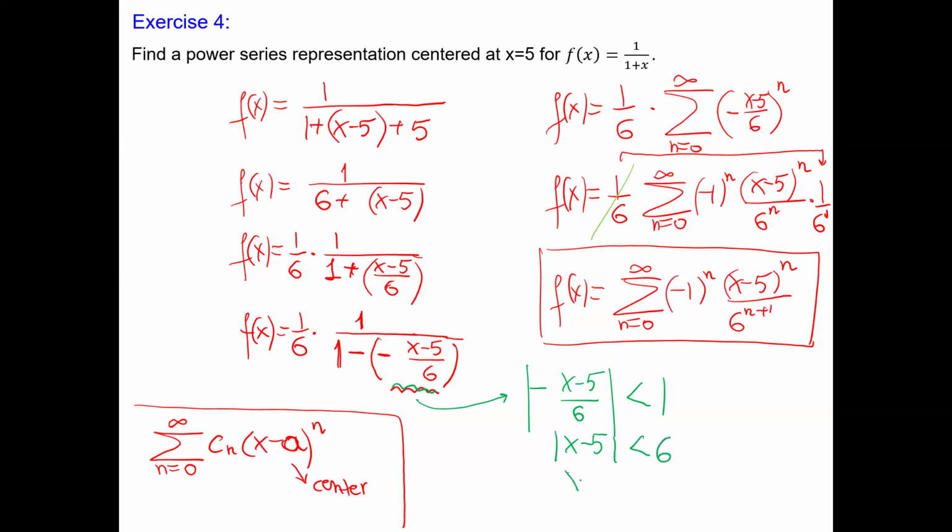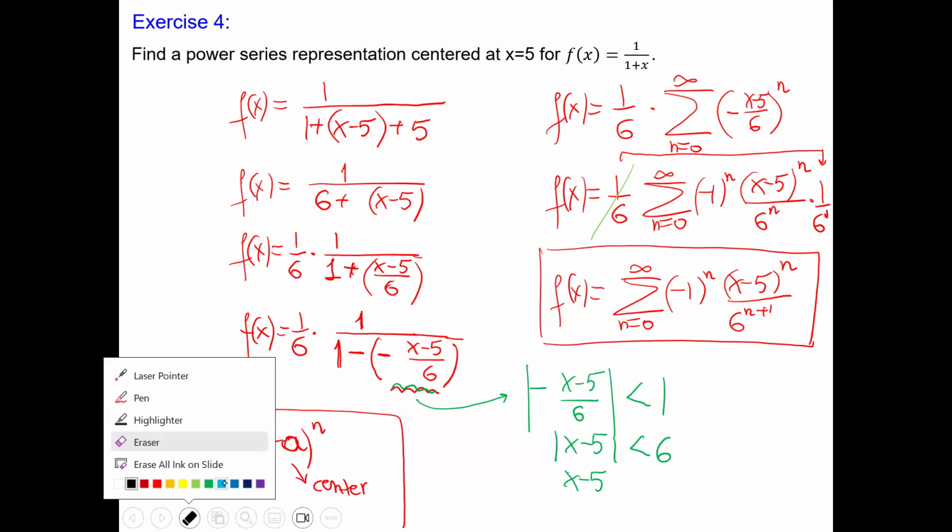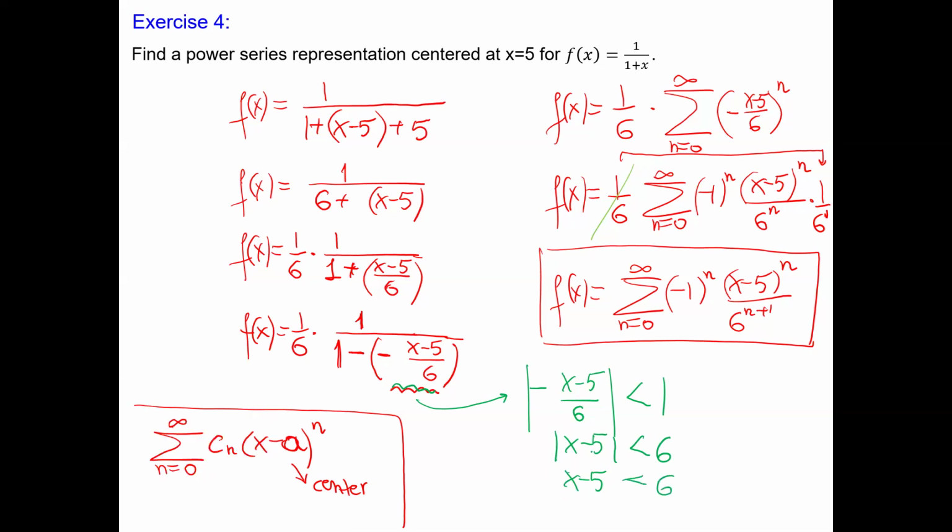Then x minus 5 must be between -6 and +6. Yeah, that's how we solve inequalities with absolute value. Adding 5, it will be between -1 and 11.